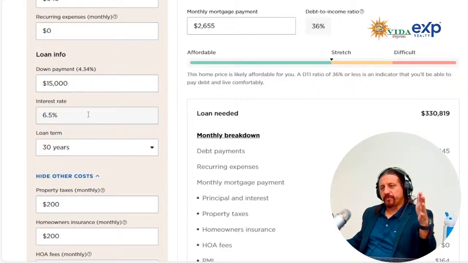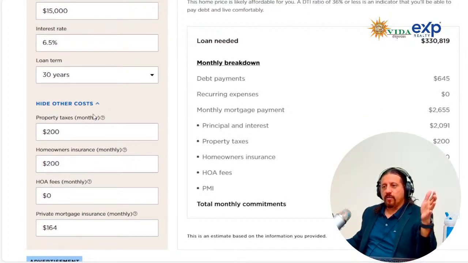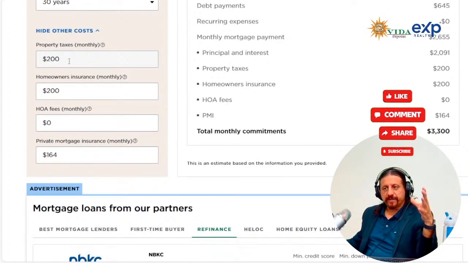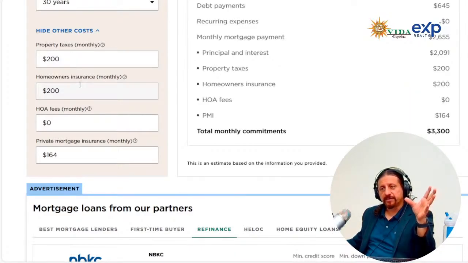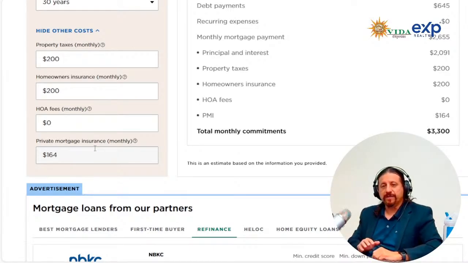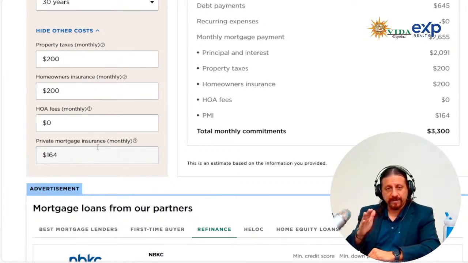Let's keep it at 6.5, 30-year term. Again, just for comparison's sake, we're going to use $2,400 a year for both property taxes and insurance, which is $200 a month.